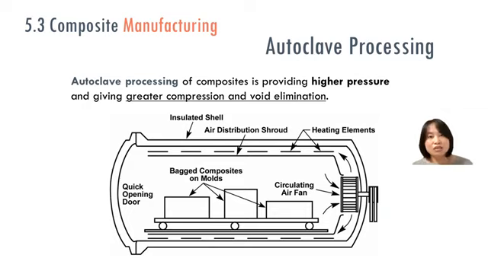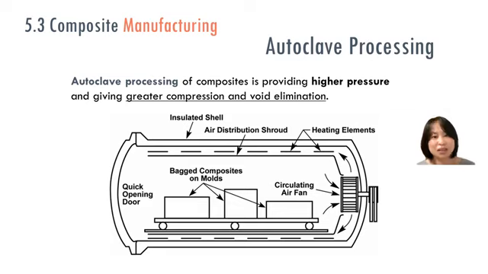The composite material then has to be bagged and then put in this autoclave vessel. And then this vessel will provide higher pressure, and it will give greater compression on this composite material. Higher pressure compared to hand roller, the previous technique, okay?